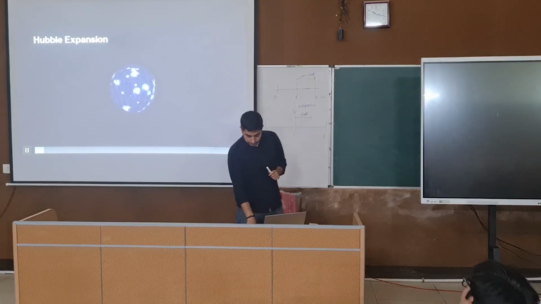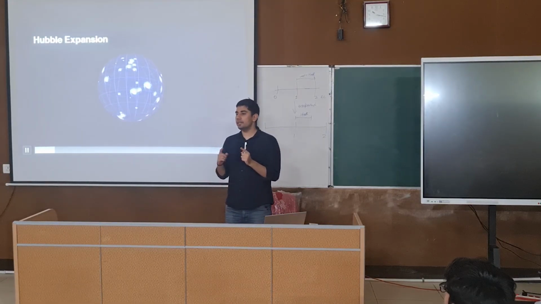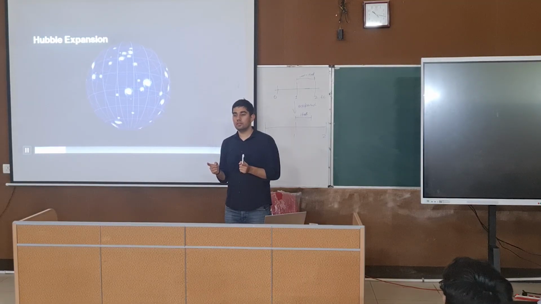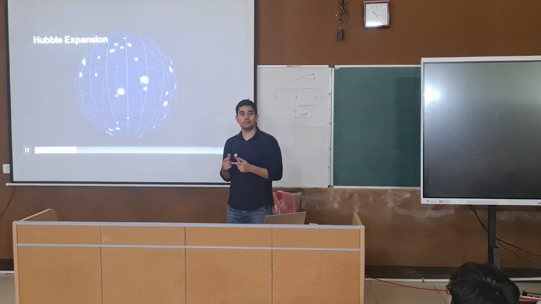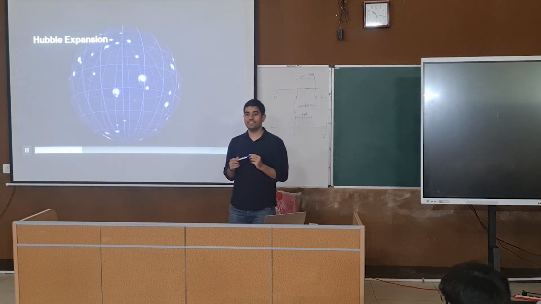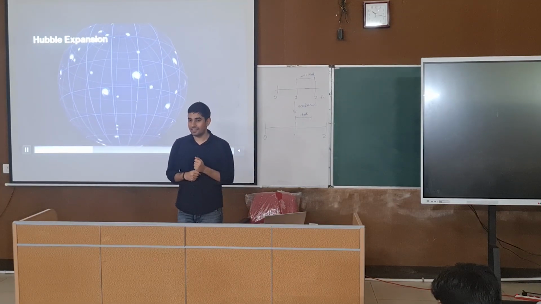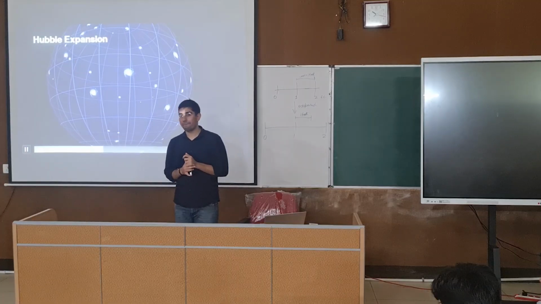Good. But again, I said that galaxies are not actually moving away, right? Then why is the light redshifted? If the galaxies are stationary, why is the light redshifted? Because the distance is increasing, right? So it's traveling more distance between the galaxies.